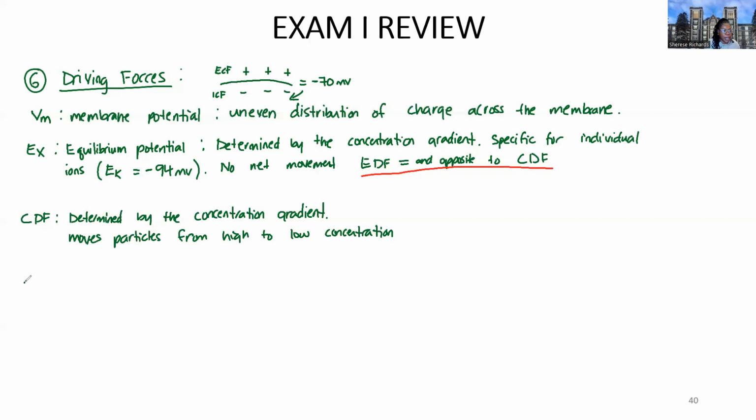We can also think about the EDF, which is slightly more complex. This is determined by the charge on the particle and the polarity of the cell.